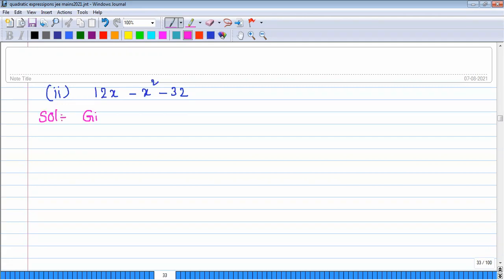So let me check. Given f of x is equal to 12x minus x square minus 32. So here a value is the coefficient of x square, minus 1, which is less than 0. b, coefficient of x, is 12.